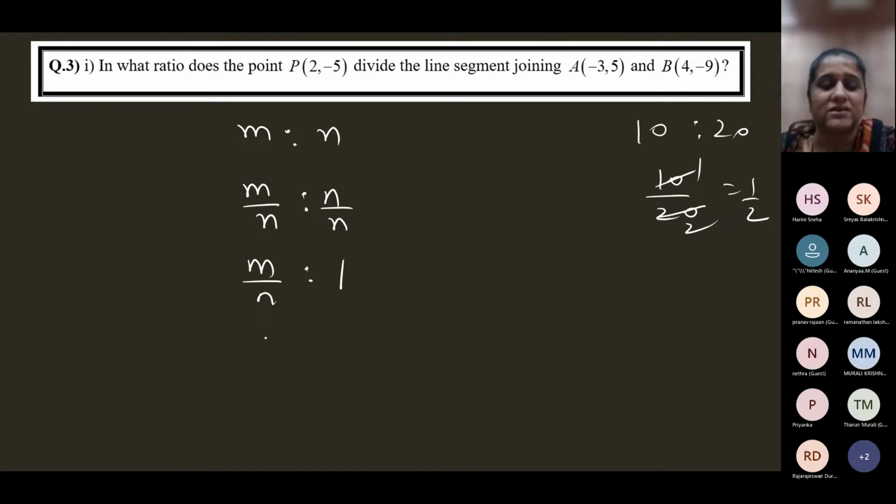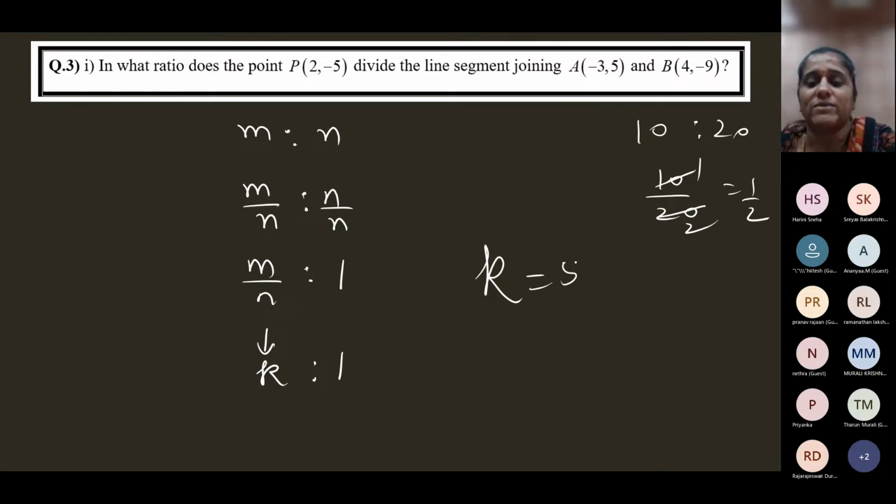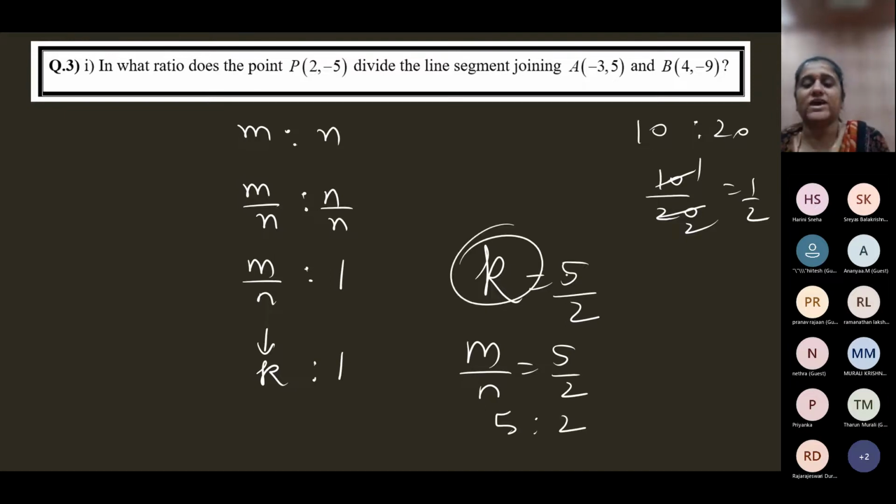This m by n is taken as k, so k is to 1. When you use the ratio k is to 1, you will get the value for k. Supposing k is 5 by 2, that means m by n is 5 by 2, so the required ratio is 5:2. Because k is only m by n. Is it okay?